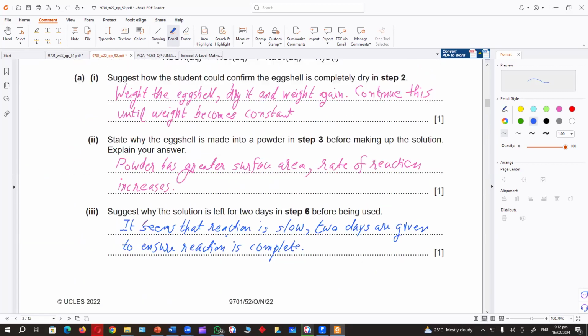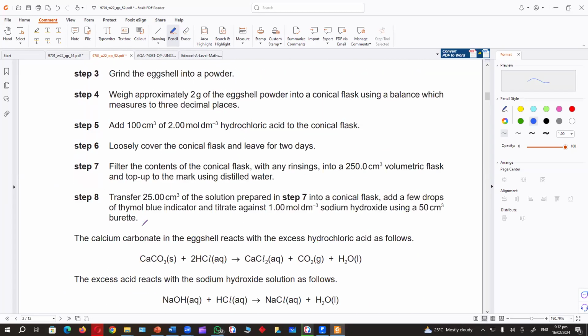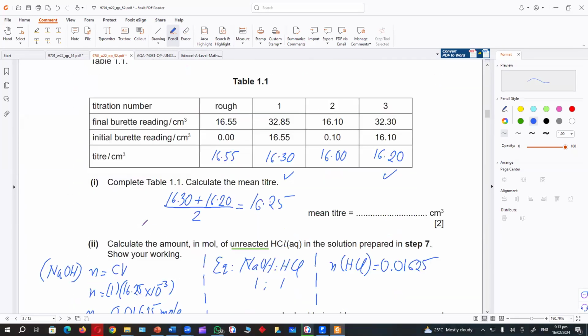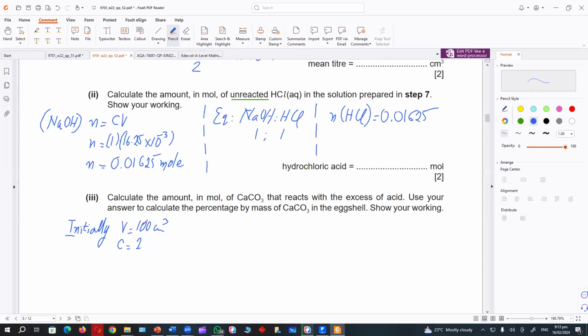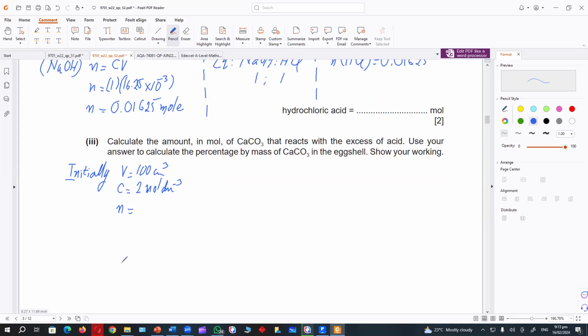What is the concentration of acid? It is 2 mole per dm cube. So first we find the total number of moles of HCl getting into the system.